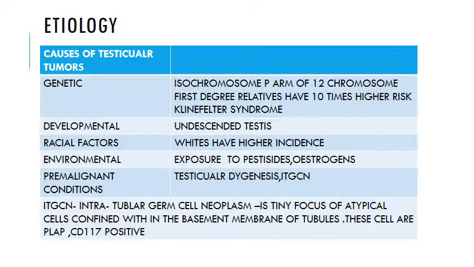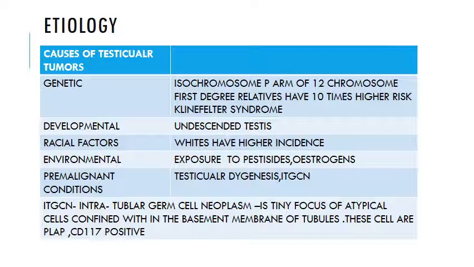When we see the etiology of testicular tumors, we can broadly see genetic causes, developmental causes, racial factors, environmental causes, and pre-malignant conditions. Coming to genetic factors, isochromosome of the P arm of the 12th chromosome has been identified and is mentioned in many literatures.